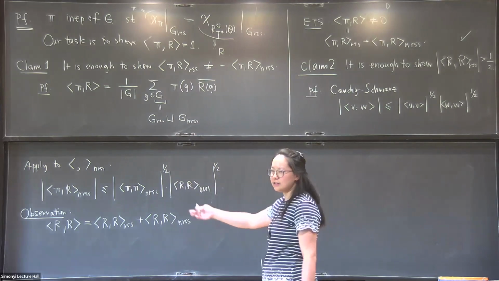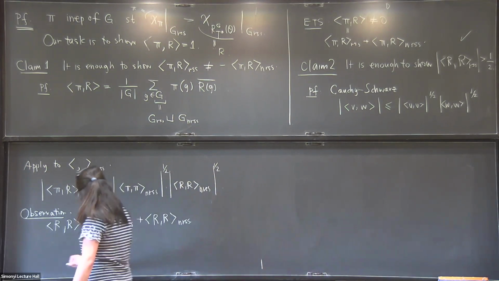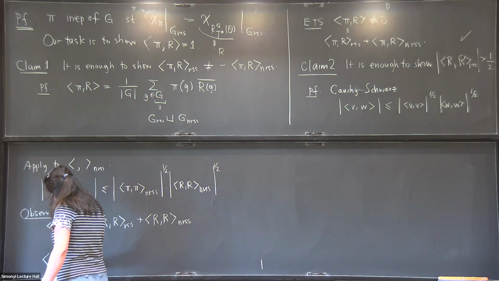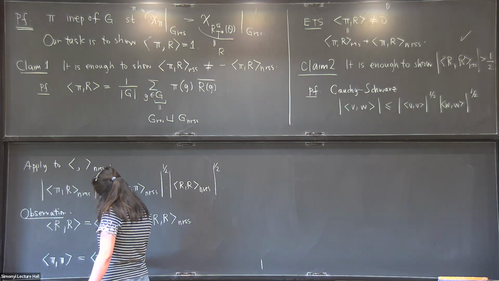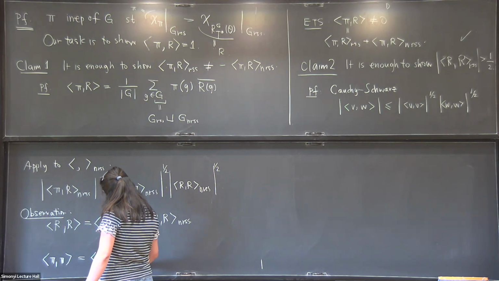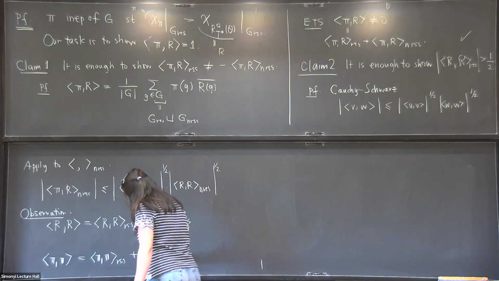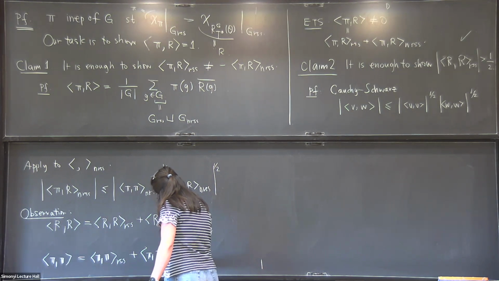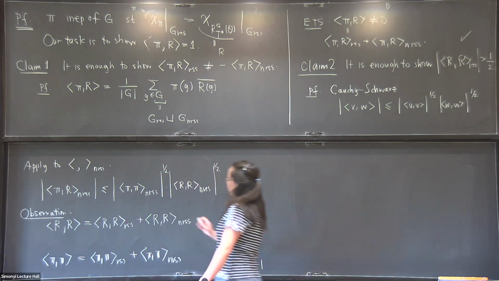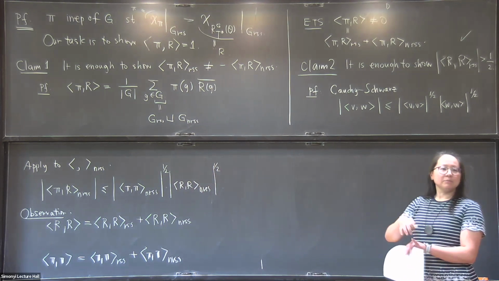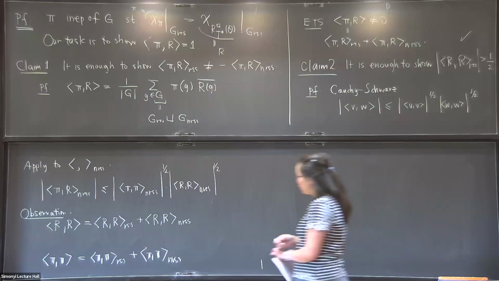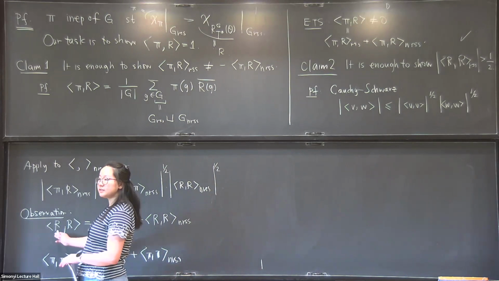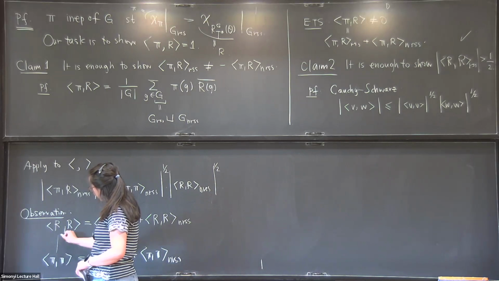This is true for R, this is true for pi, this is true for any representation, just by definition. We know by assumption pi and r are irreducible. So that means that both of these things are equal to 1. So in particular, they're equal to each other.